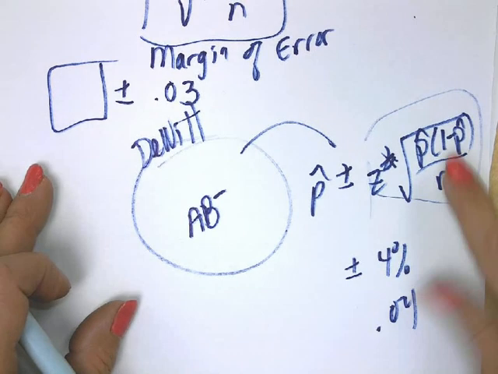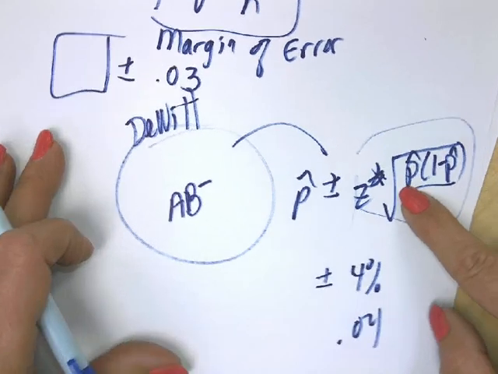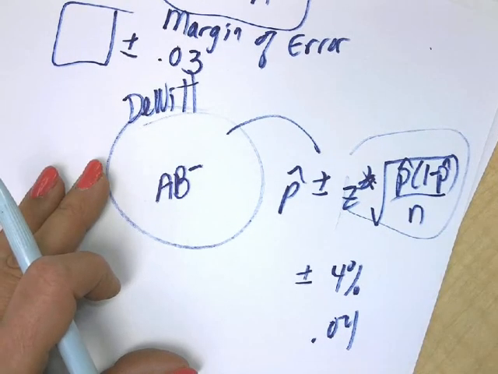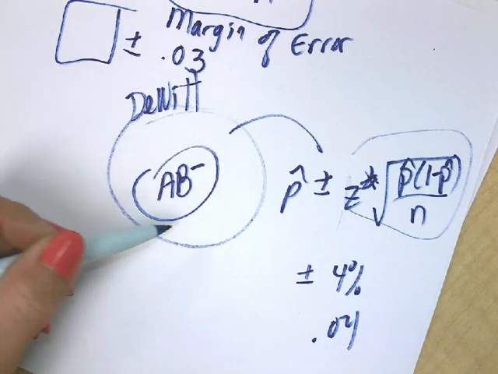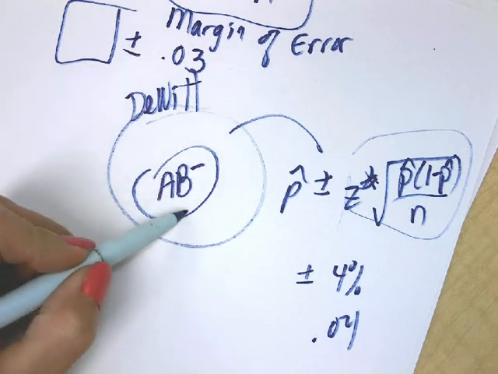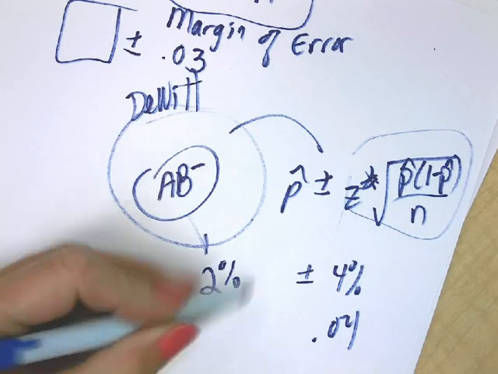If you use 0.5 for your guesstimate of this p-value, you actually are going to sample way larger than what is really necessary, because this proportion of people is probably very small. Say in the adult population, maybe this only occurs in maybe, and I think I'm even exaggerating, 2% of the population.